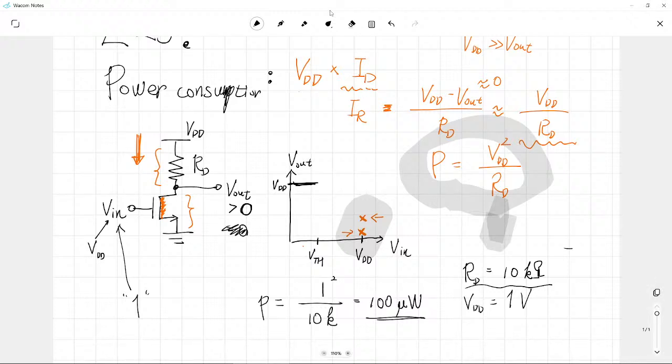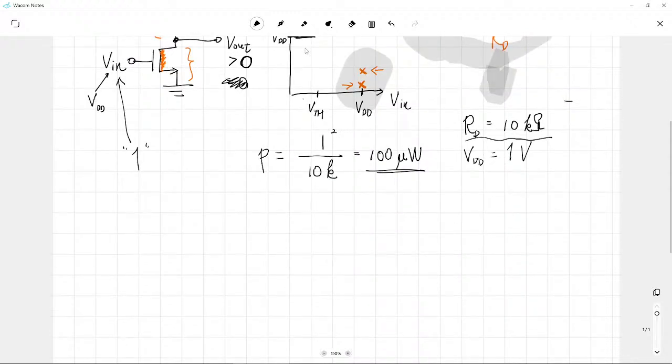Now you have one single MOS inverter, and the input is 1 and the output is 0. That is quite normal and can happen every time. But this very basic inverter just consumes 0.1 milliwatt.